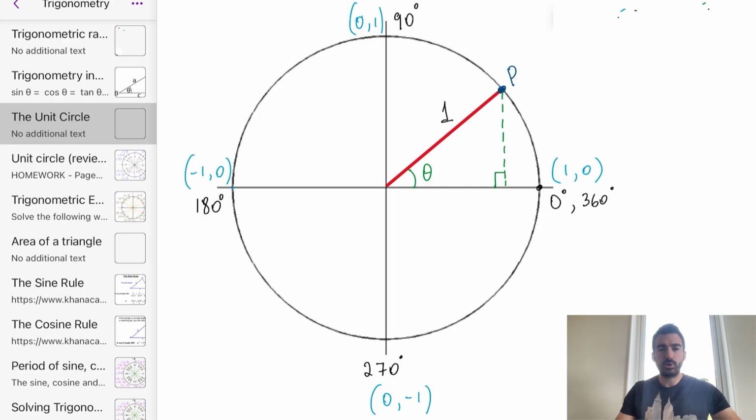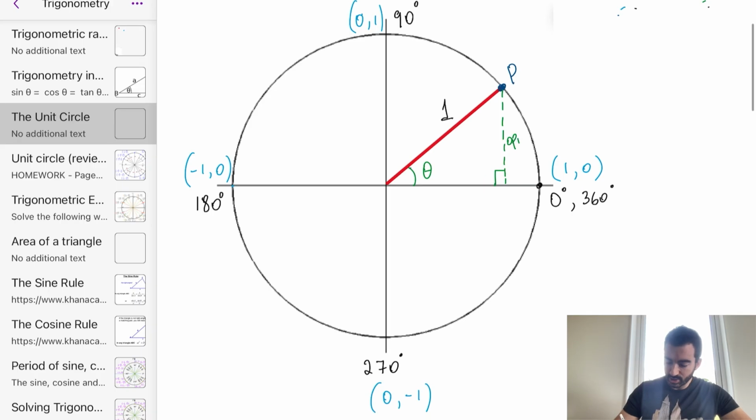Having done the trigonometric ratios previously, I know that the hypotenuse is 1, this is the opposite, and this is the adjacent. The opposite side is the y, and the adjacent is the x. So we have y and x.